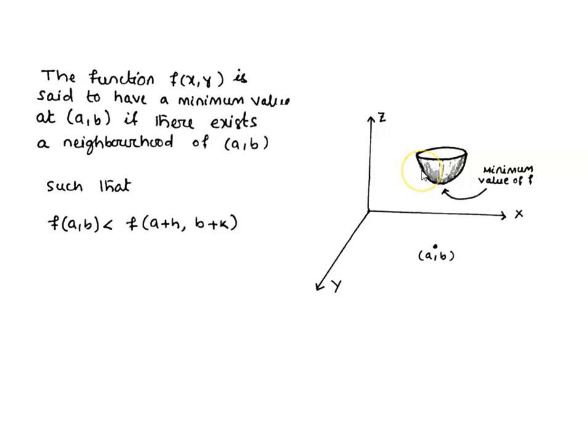And this is greater than the value of the function at (a,b). So here we have seen that the point (a,b) is the point where the function has minimum value because f(a,b) is always less than f(a+h, b+k).